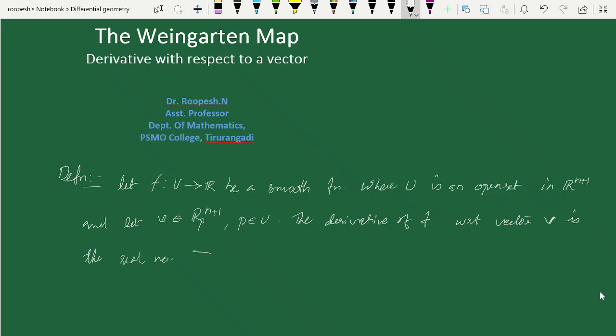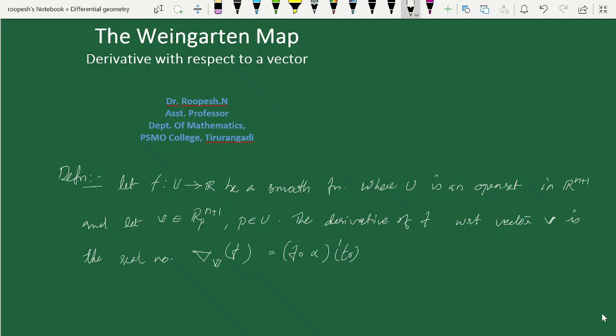We are denoting it as del v of f, and it is defined as (f composed with alpha)' of t naught.